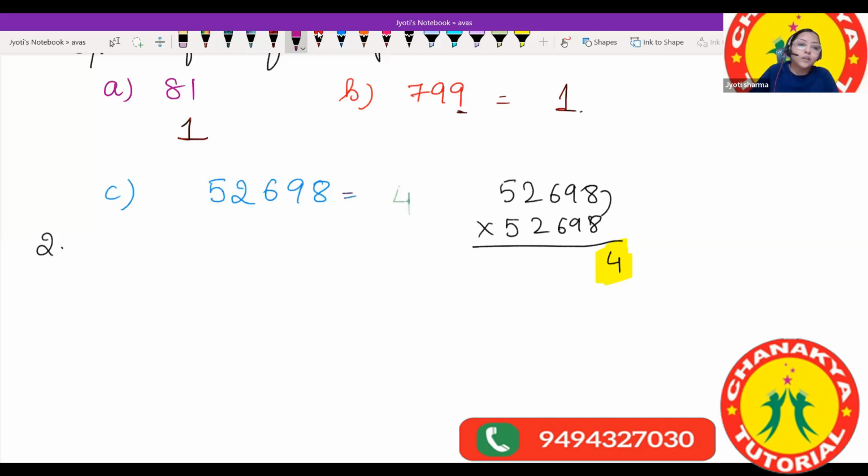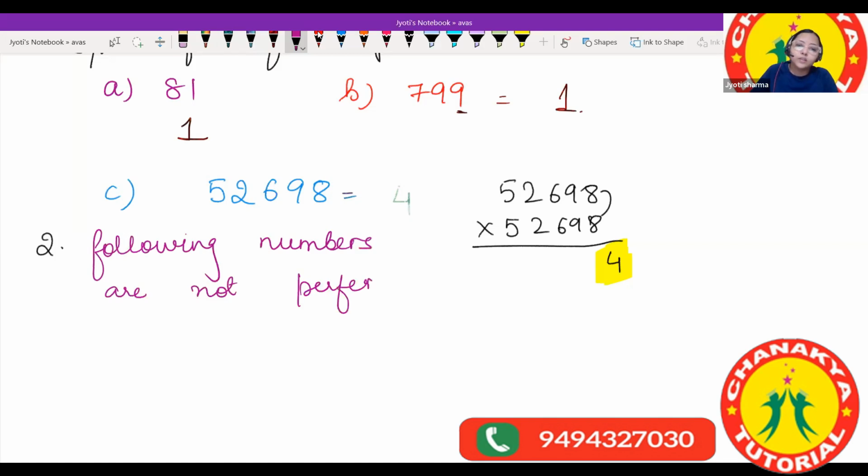Okay. Next question. The following numbers are not perfect squares. Now you have to tell why they are not perfect squares and you need to send your answer in the chat box.